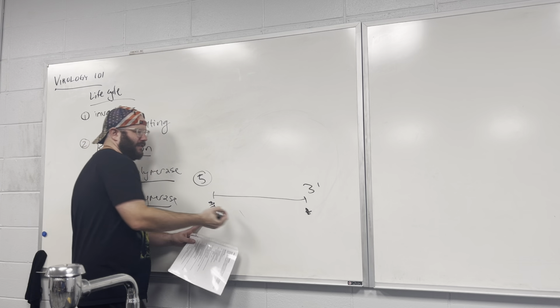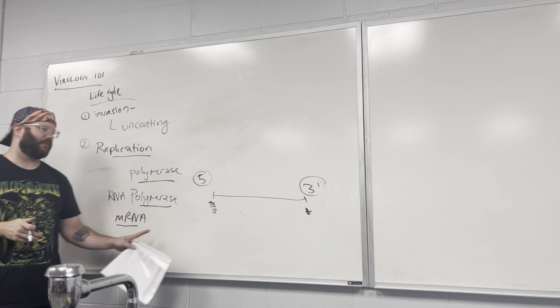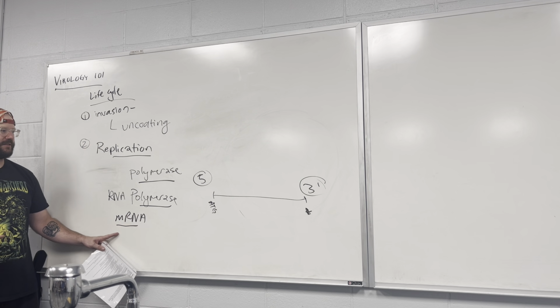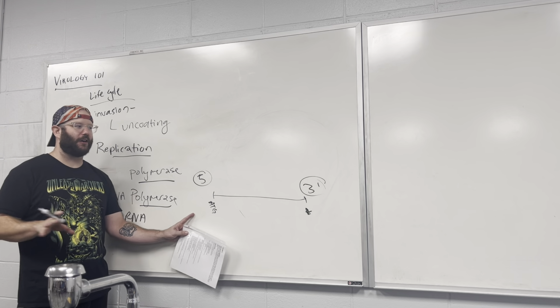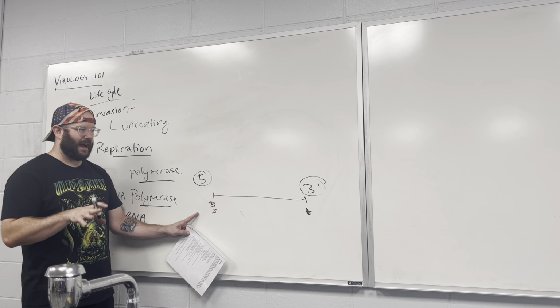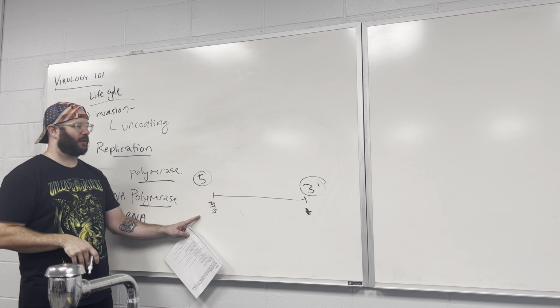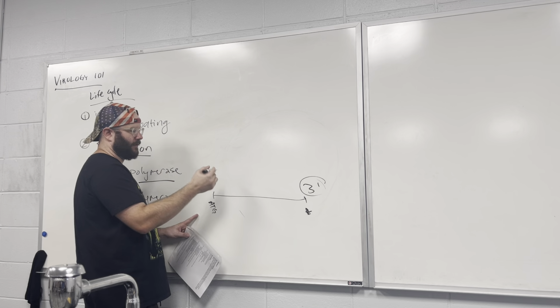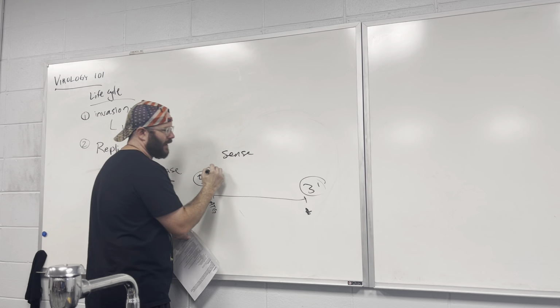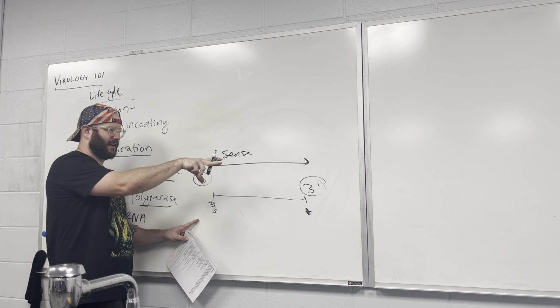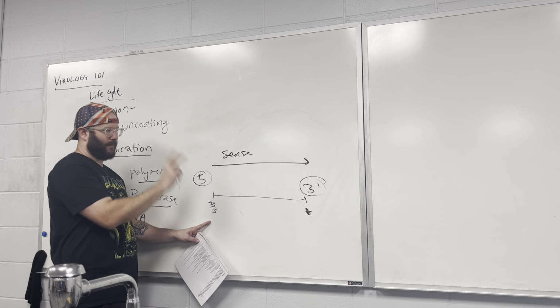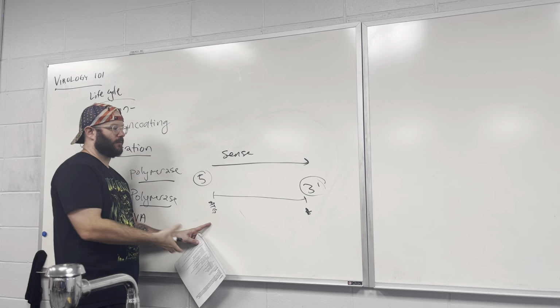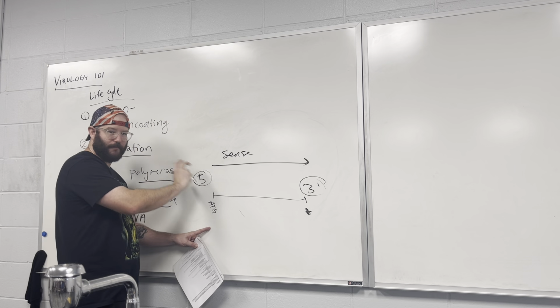This is actually important, 5 to 3, and this becomes very important for virology, because if you don't recall from your biochemistry classes, nucleic acids have direction. They're directional molecules. So when you think of 5 to 3, that's called sense. That's going in a distinct direction, and it means that it makes sense to the ribosome. The ribosome can just take this and make a protein.